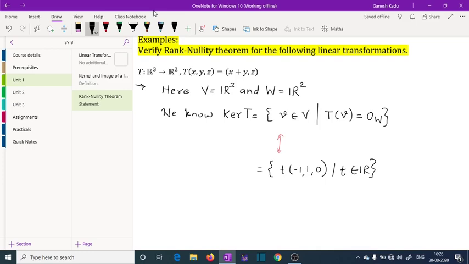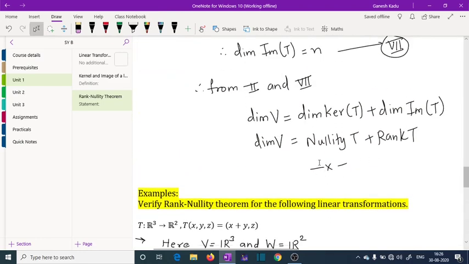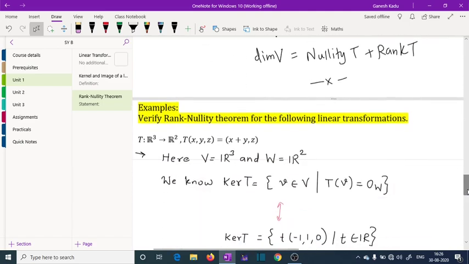Now hereafter we have to find the dimension of kernel of T and the dimension of image of T, because in order to verify the rank nullity theorem we need these. We already know the dimension of V. Our V is R3, so the dimension of V is 3.